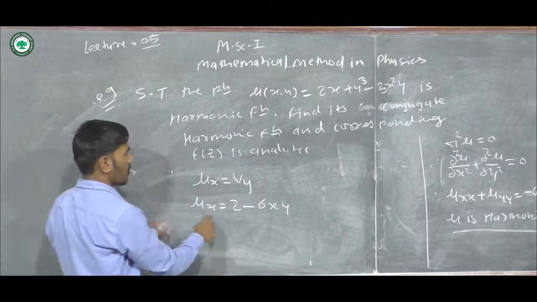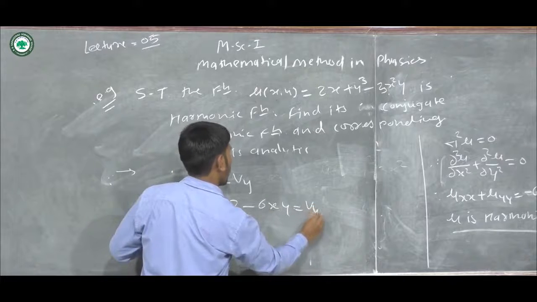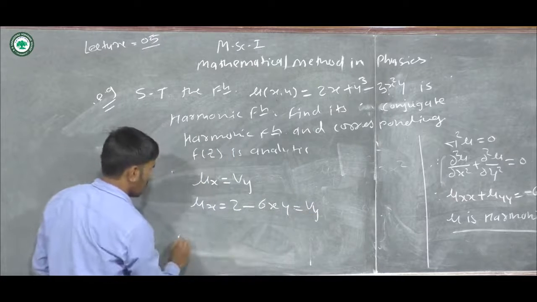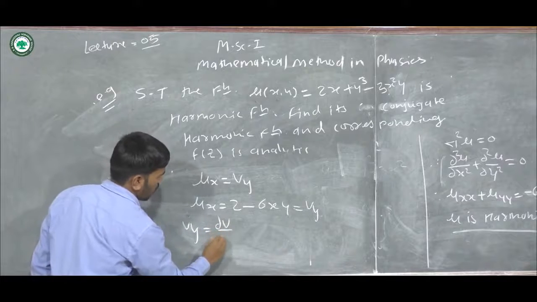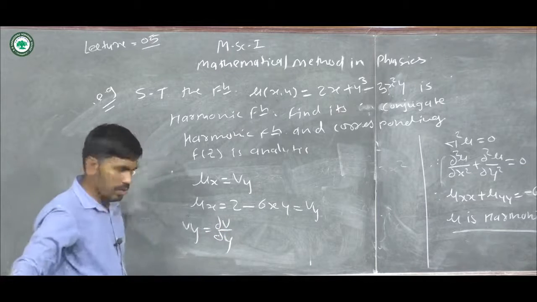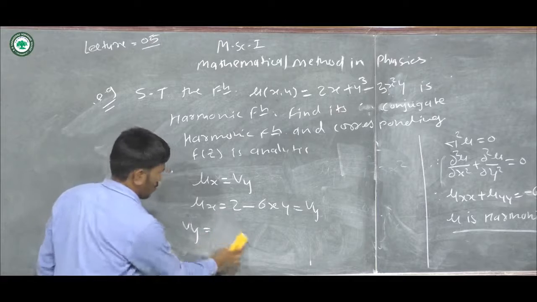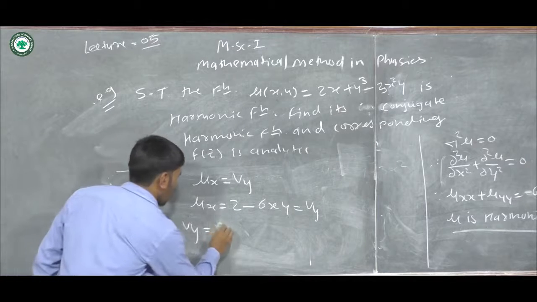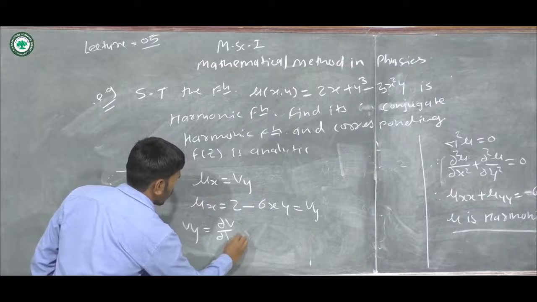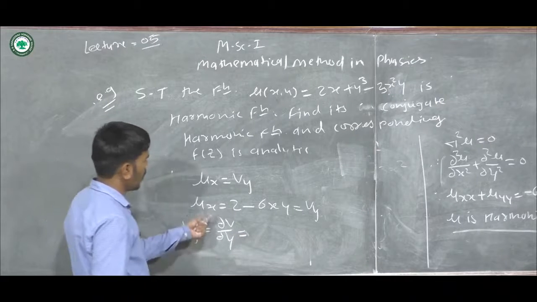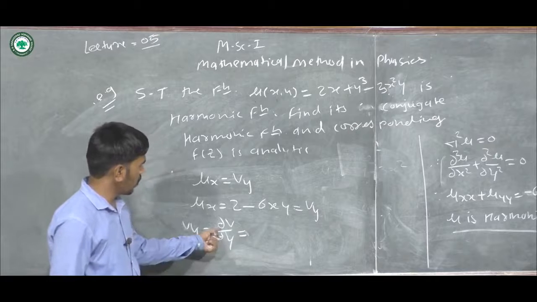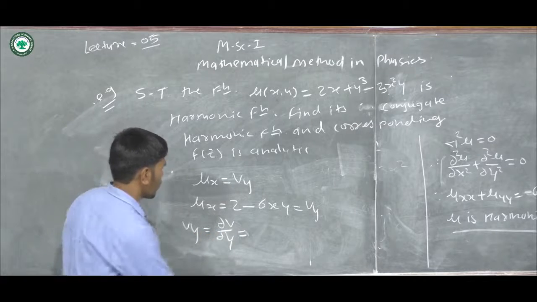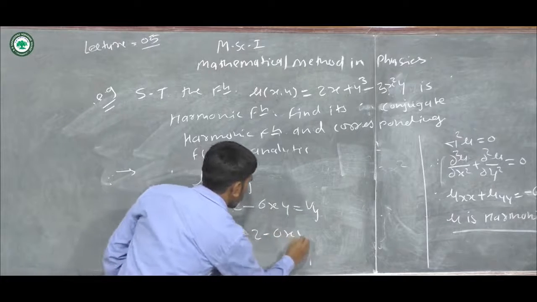This is u_x, so this is equal to v_y, and v_y is dou v by dou y. Here we want v, so if we apply the integration, this derivative will be cancelled, so it is 6x into y.